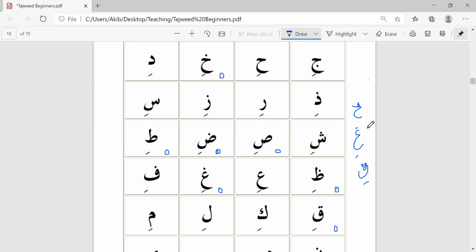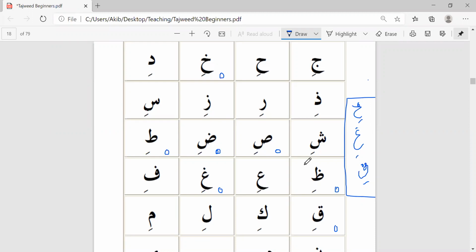From the 7 heavy letters, kha, sad, dad, ta, dha, ghain, and qaf, these 3, when they have the kasra on it, won't be round. What do I mean by that? When I'm reading sad, dad, ta, and dha with the kasra, listen carefully. It sounds a bit round. It's going to be si, bui, bui, bui. There's that bit of a roundness to it.